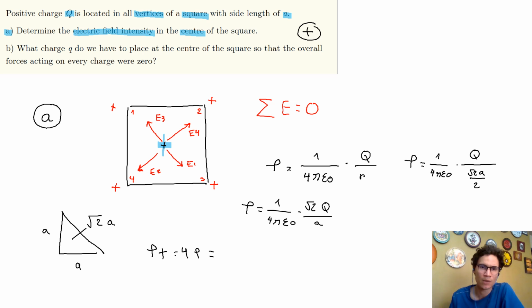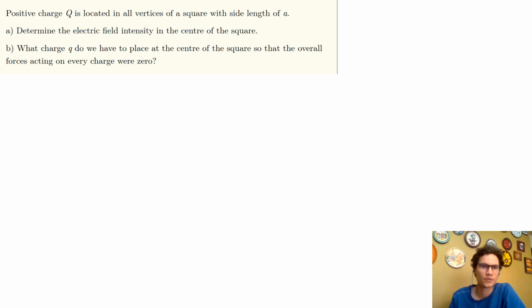So this 4 will cancel with this, and we end up with square root of 2 Q over pi times the constant times A. And that is the potential, the first question we have, the electrical field and the potential. So let's continue.